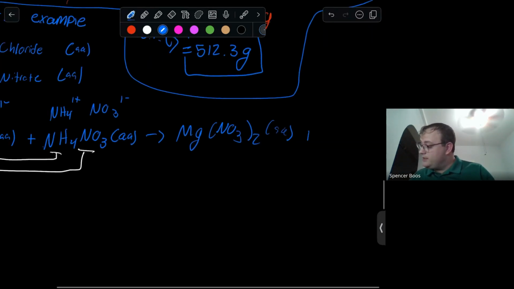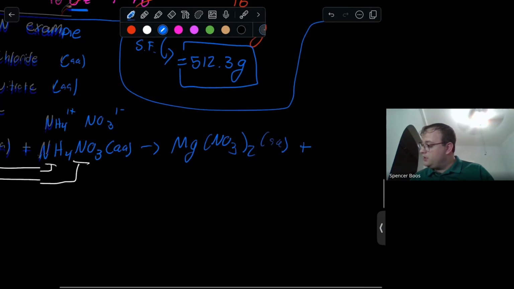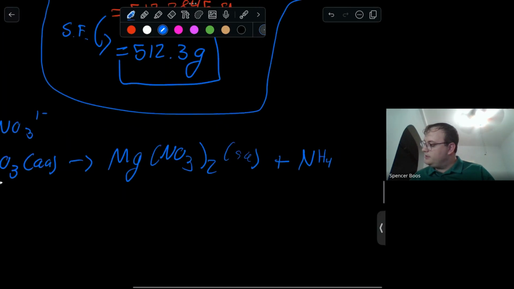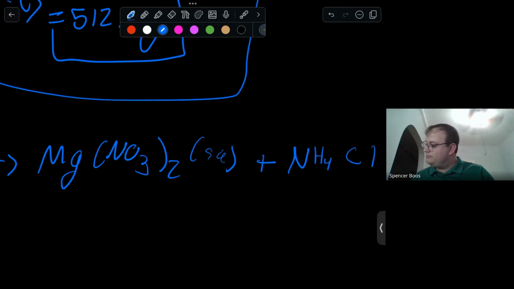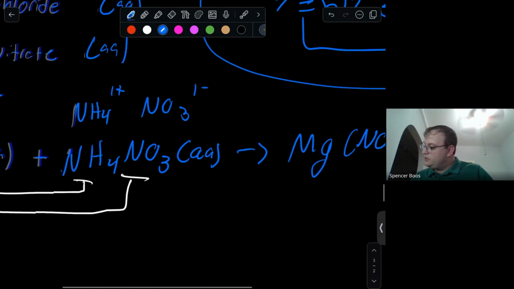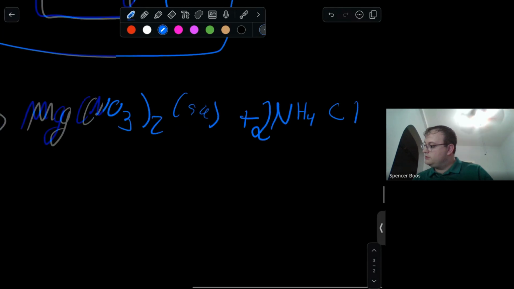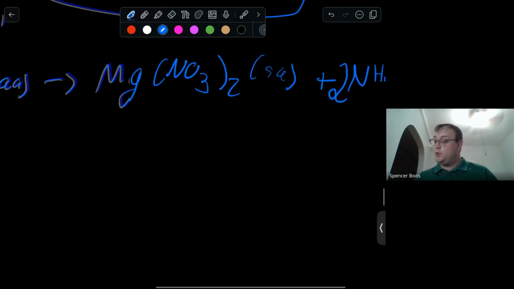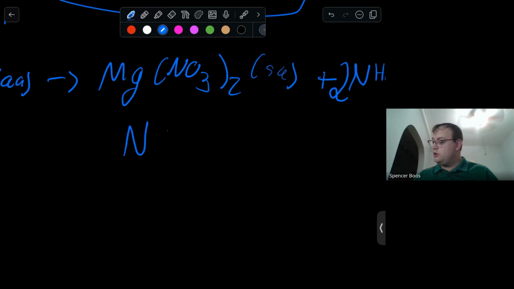And plus, we have ammonium NH4 and then Cl. We'll need a 2 here and a 2 here. Now, the big thing here is, is our second one going to be aqueous or solid? If you take a look at that little half sheet, you will see that it is aqueous. So because they are both aqueous, there will be no reaction.